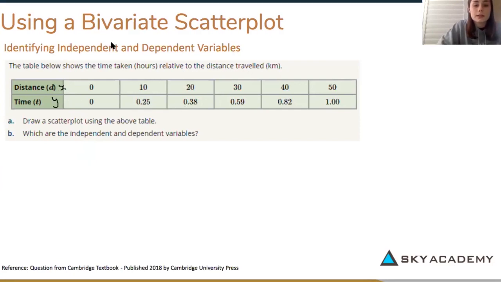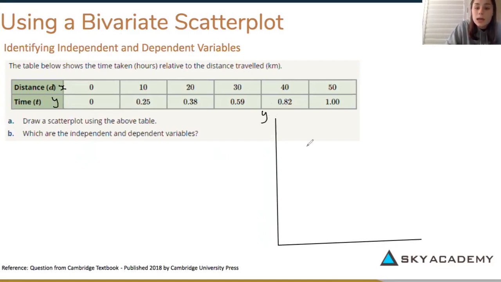So our first step would be to draw our x and y onto a number plane. There's my x and y, and I'm going to label them and put the titles on. So that's y, that's x. X is distance, and y is time.